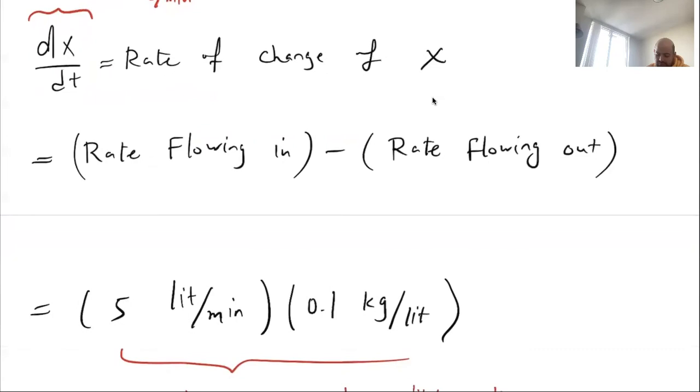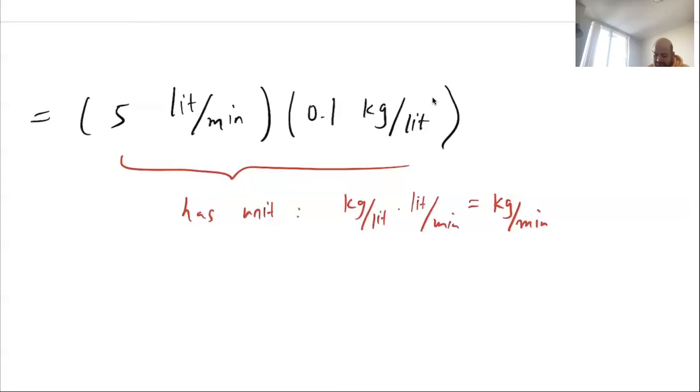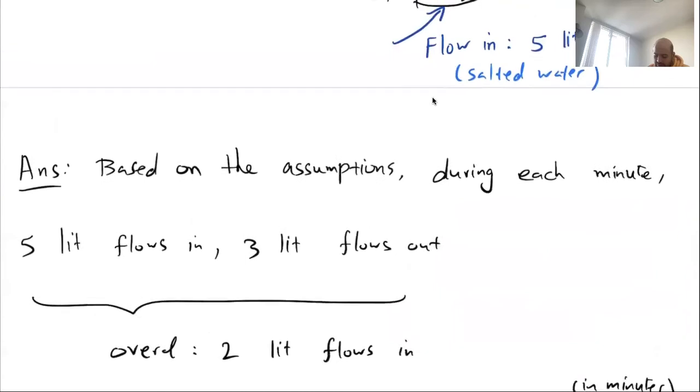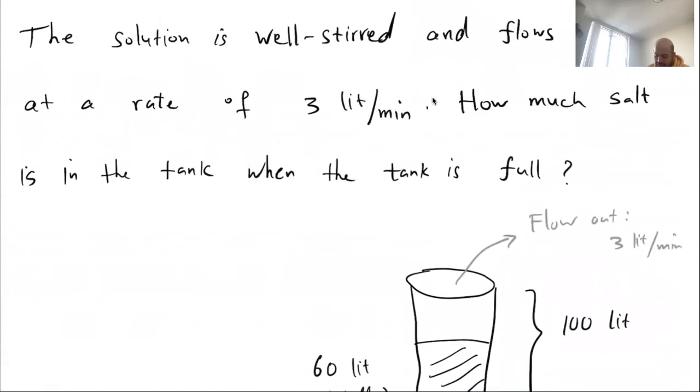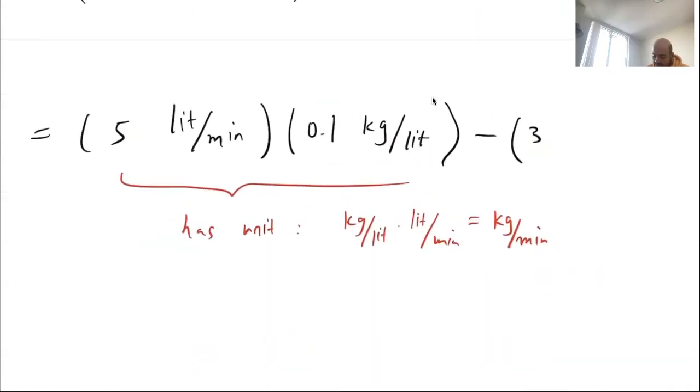So this is for the rate flowing in, minus rate flowing out. Minus flow out, we have 3 liters per minute flow out. 3 liters per minute, similar to the flowing in, I have to say how many liters per minute times how much kilogram per liter.